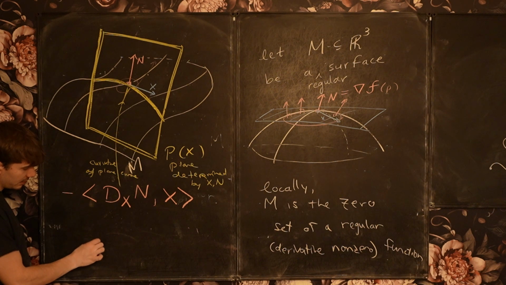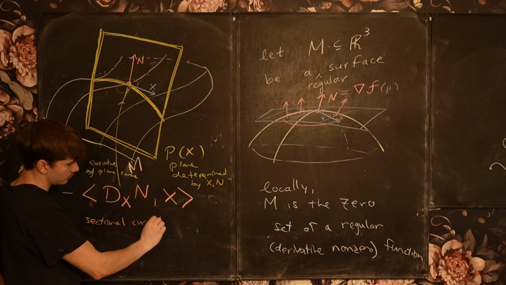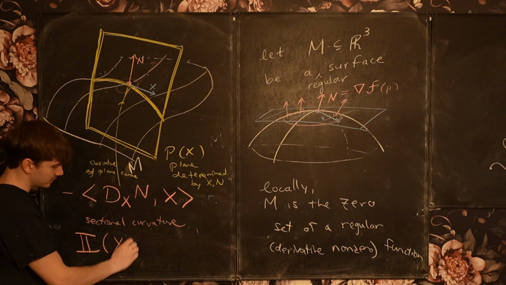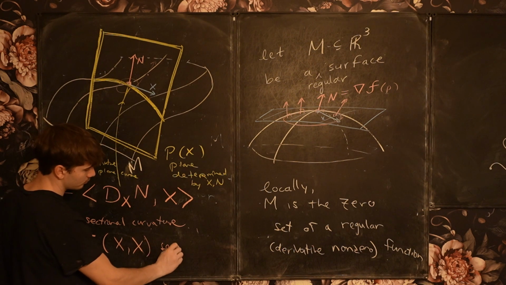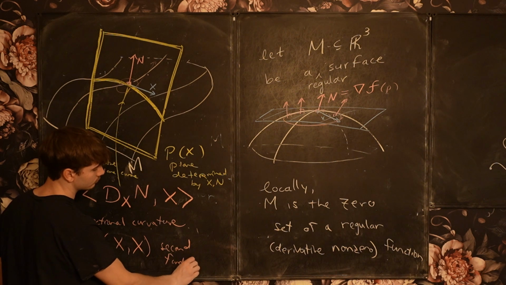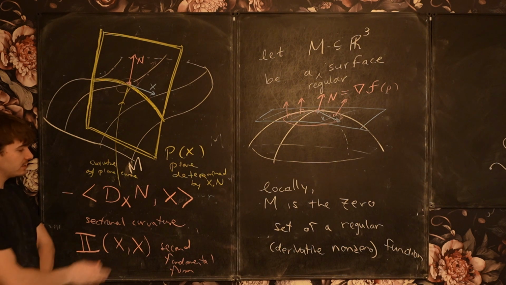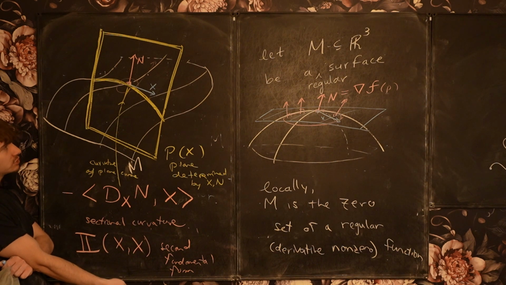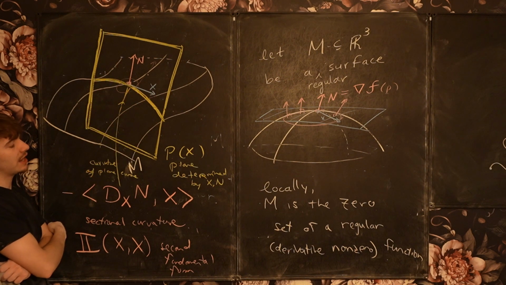This is called the sectional curvature, and it's also denoted as the second fundamental form of x with x. So by looking at the directional derivative of the normal vector, we get a notion of the sectional curvature. We get a notion of how the normal vector is changing in this direction x.